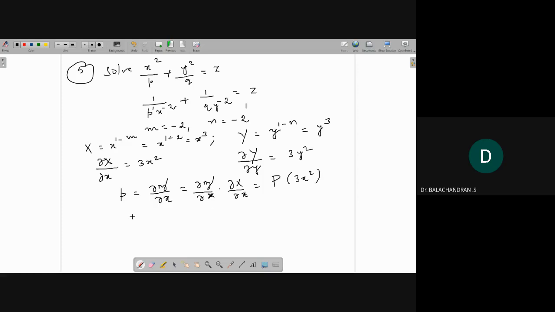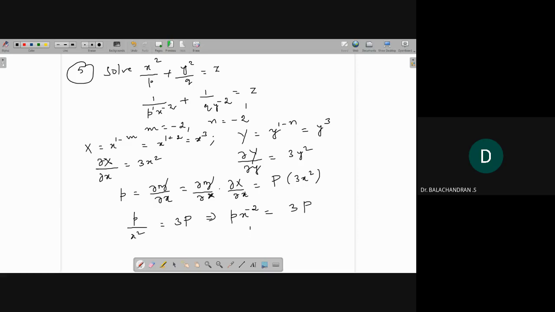Now small p divided by x square equal to 3 into capital P. So this implies small p into x power minus 2 equal to 3P.